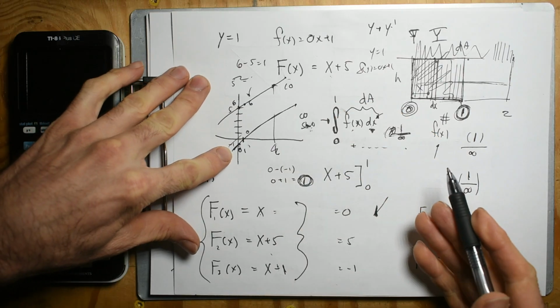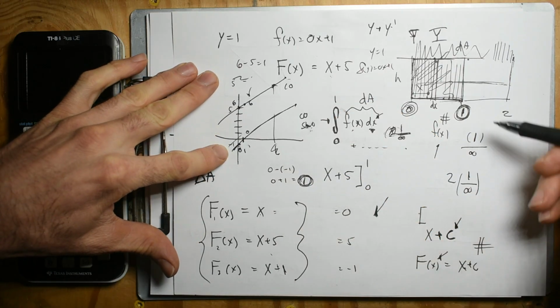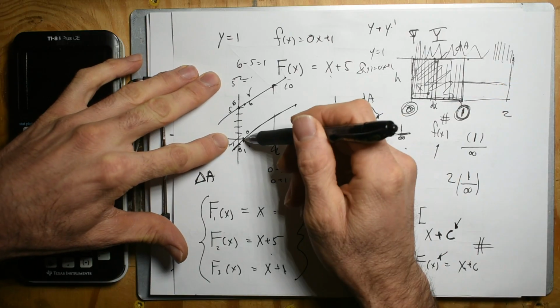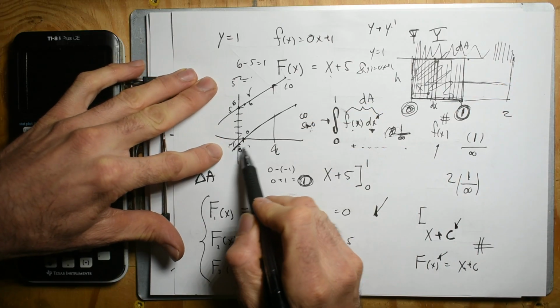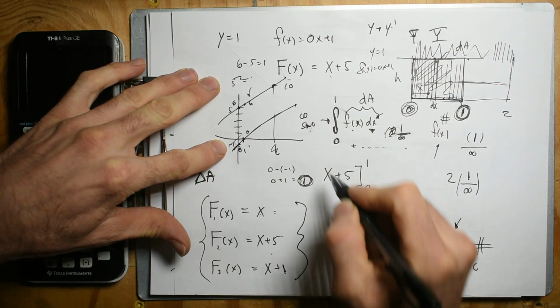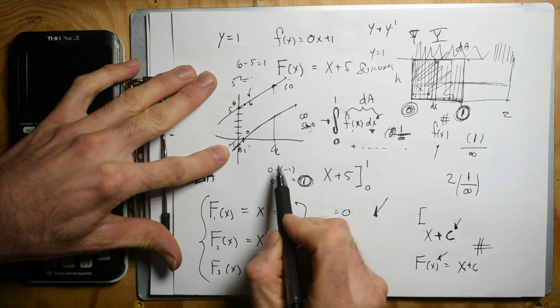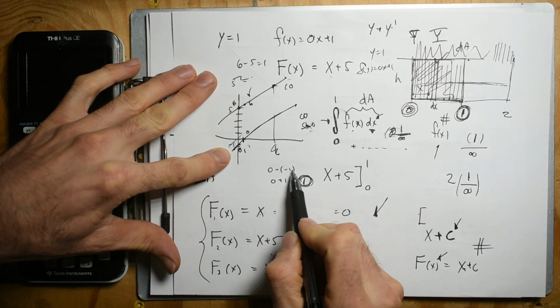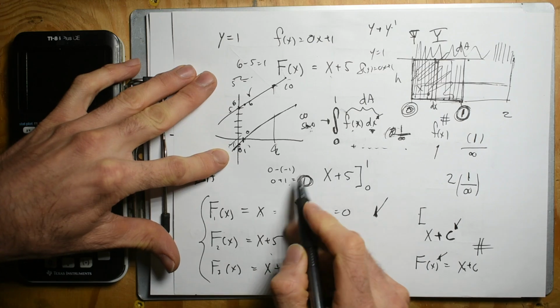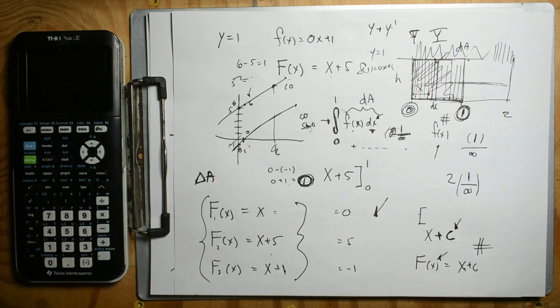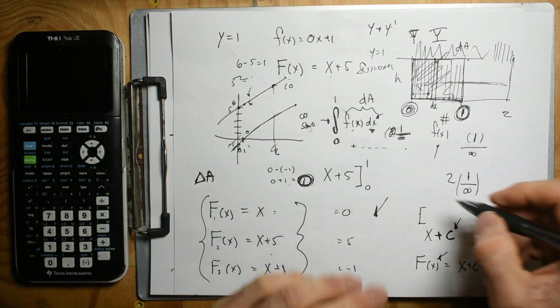And then if I evaluate that at 1 and 0, at 0 it's negative 1, and at 1 it's 0. And so if I take the difference between them, 0 minus negative 1 is 0 plus 1, that's the area. And so that's kind of the usefulness of a definite integral.